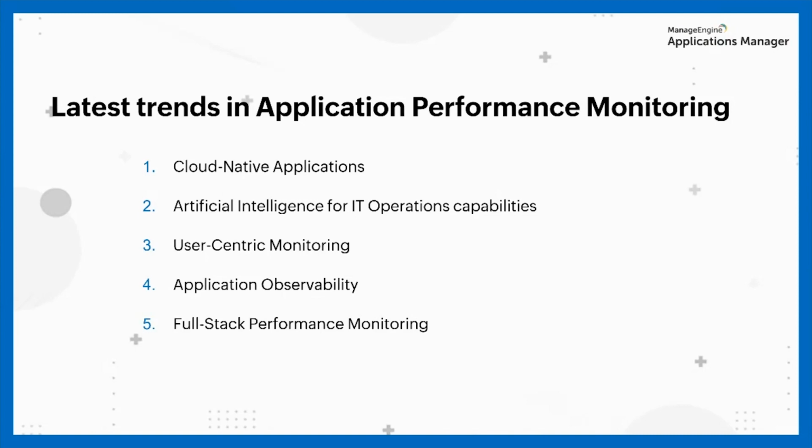The last one is full stack performance monitoring. Beyond traditional performance monitoring, application performance solutions now include full stack observability, like monitoring the infrastructure, databases, and application code to gain a holistic view of the entire system's performance.